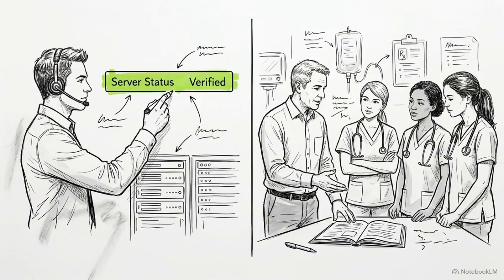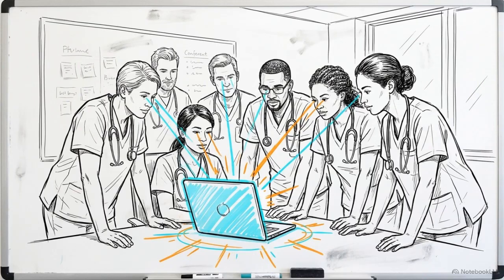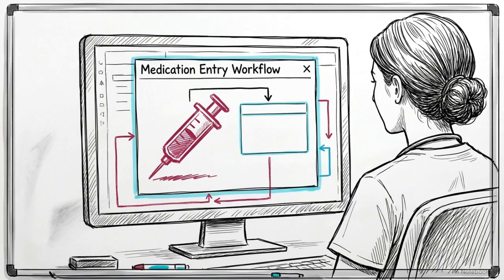The final vector before launch is the dual process of system verification and human behavioral training. Training must be grounded in adult learning principles, focusing on immediate clinical relevance. For example, a nurse should be trained on specific medication entry tasks rather than generic software navigation.